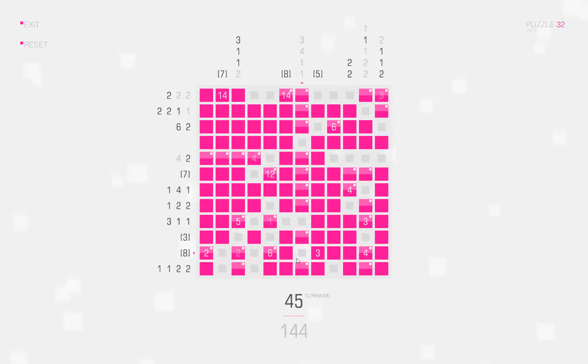So we need one more to be removed. And we know that the one that has to be removed is one of these two, because 3 and 4 cannot connect. So it has to be one of these two, or else they connect. So if the one we have to remove is here, then the rest has to be marked.